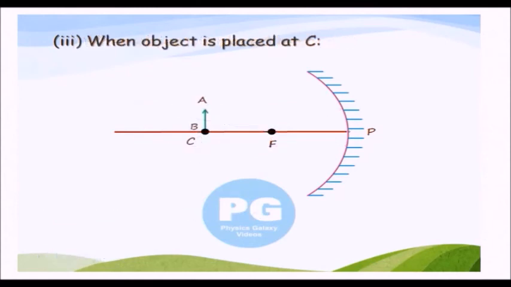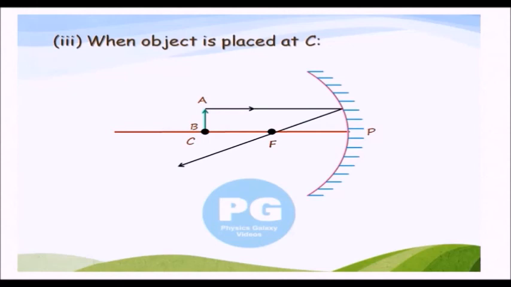Third case, when the object is placed at center of curvature. So again we take an object AB placed perpendicular to principal axis, at the center of curvature. A ray of light from point A goes parallel to the principal axis. This will pass through focus after reflection from the mirror.